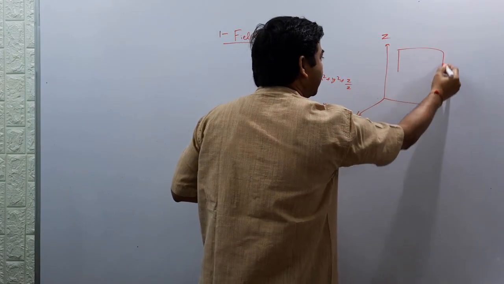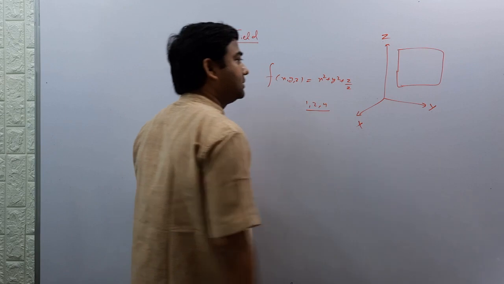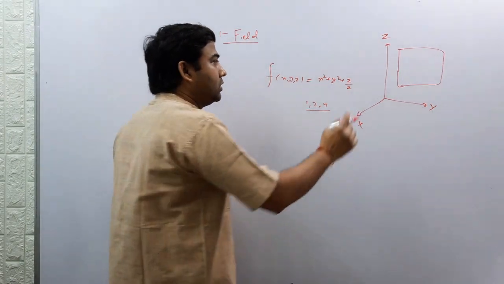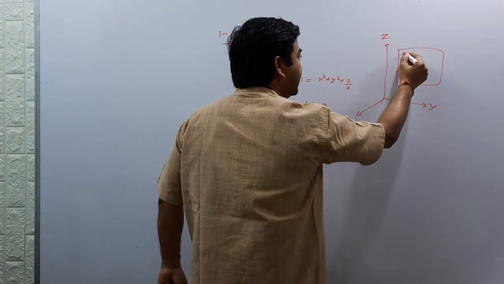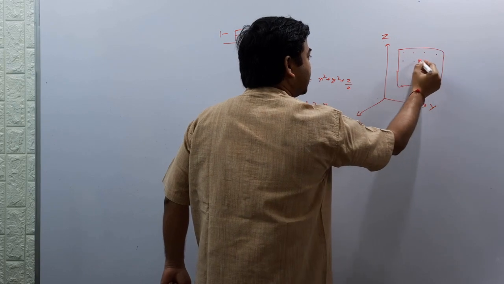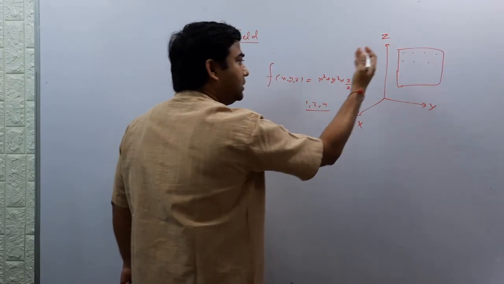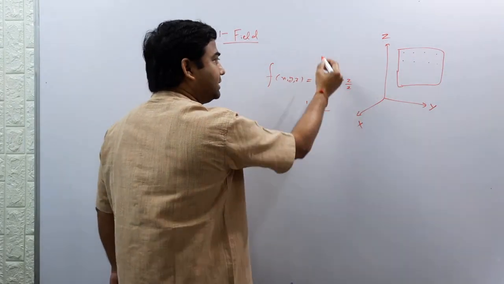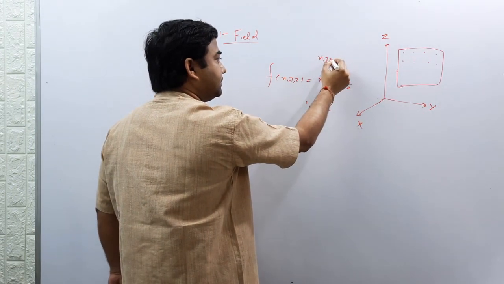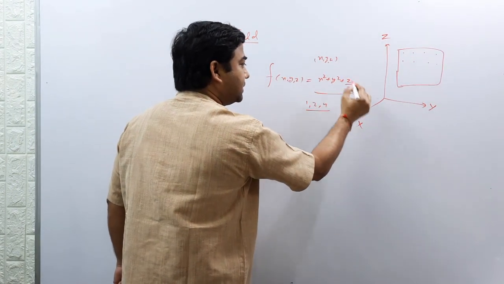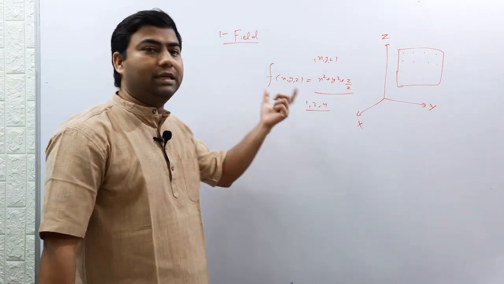Let us assume there is some material in which the density is changing at different points, and the density at a general point x, y, z is given by this function. So this is a scalar function.